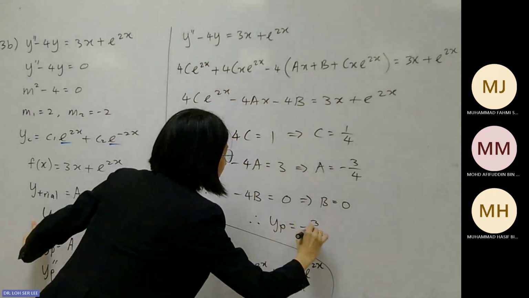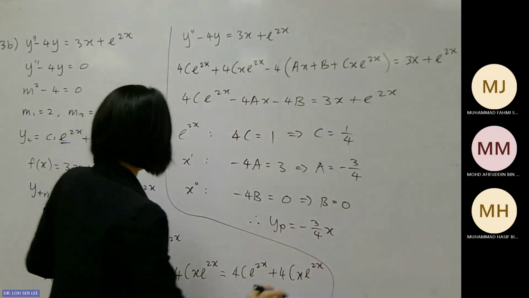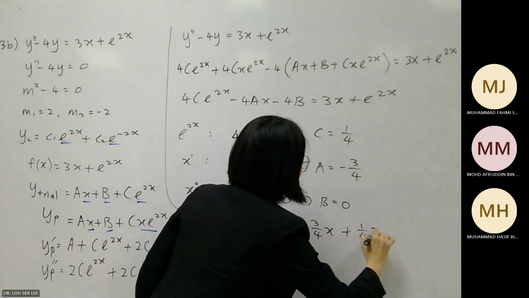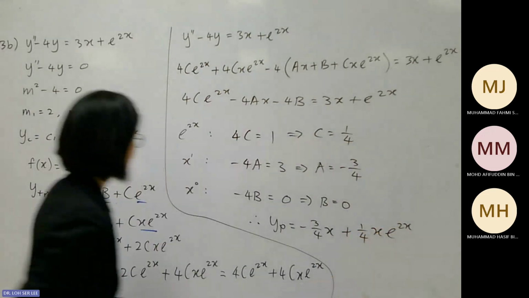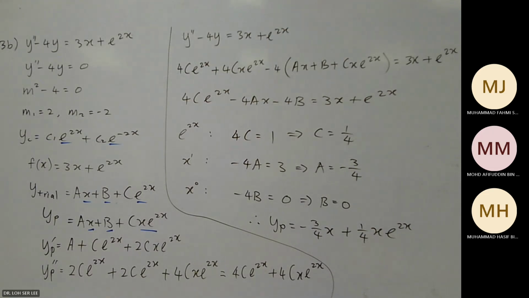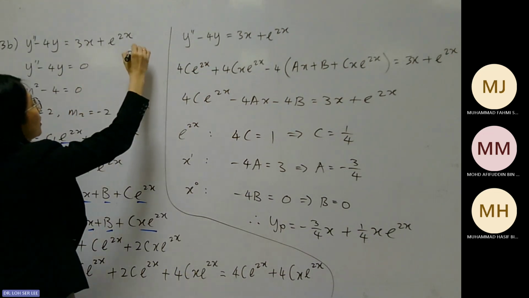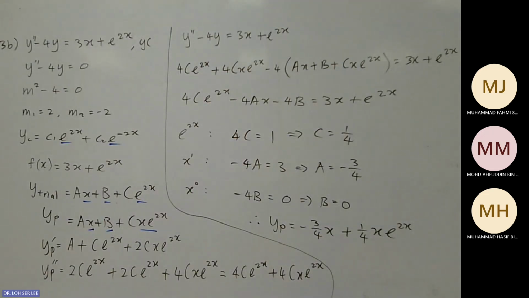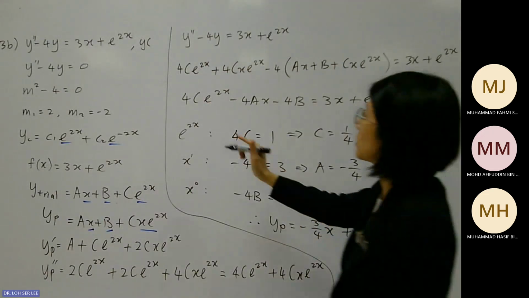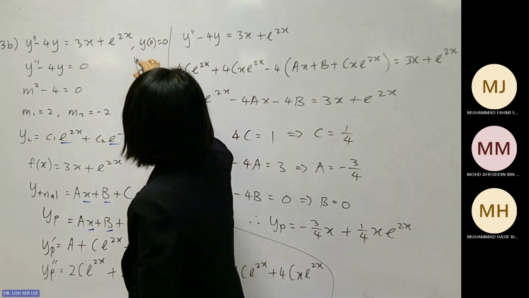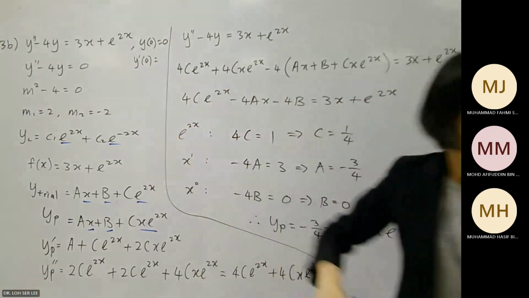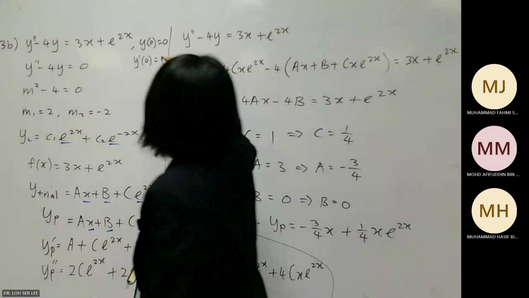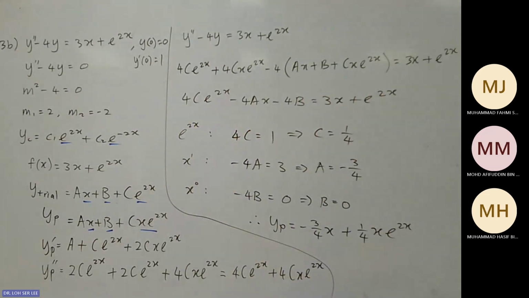yp is ax plus b plus cx e^2x. For this question, the initial values are given: y(0) is 0, and y prime(0) is 1. This is given in the question.